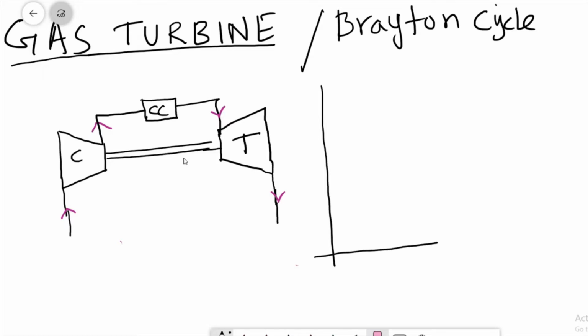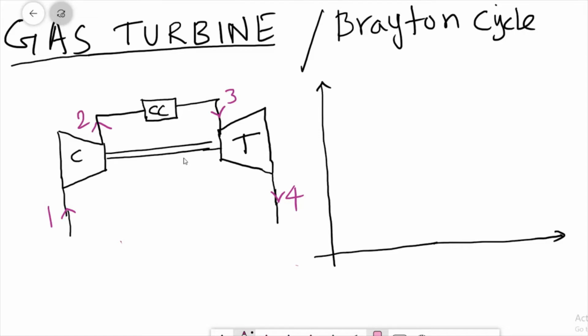In the PV diagram, we just have different processes. Here, let us take this as 1, this as 2, this as 3 and this as 4.